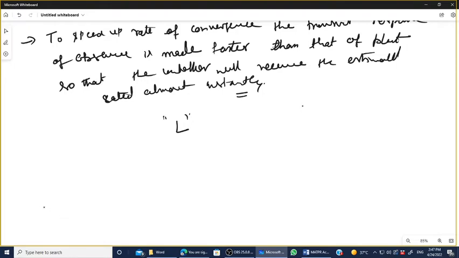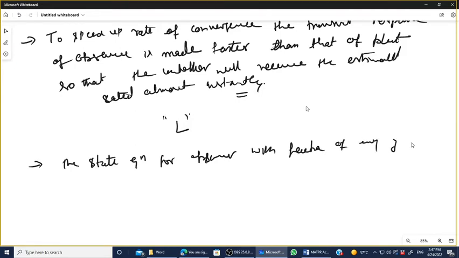Okay, so now come to the mathematics, the dynamics, how the dynamics will change. The state equation for the observer with feedback of error y minus y cap is x dot cap equal to A x cap plus Bu.